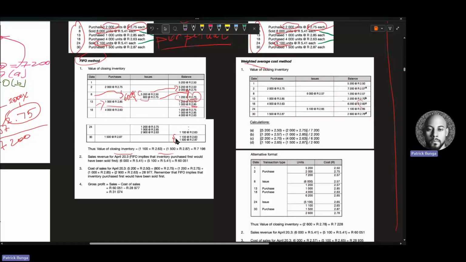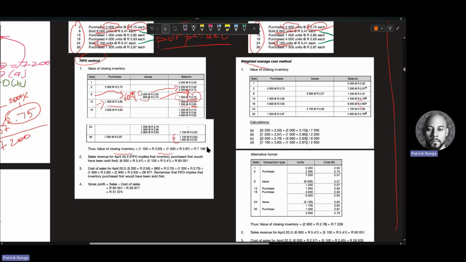It's actually easy for us to find the closing value. For FIFO, it's very easy. You take the 1,100 units, multiply by the 2.63, plus the 1,500 units that came on the last day at 2.87, and you will get a total.